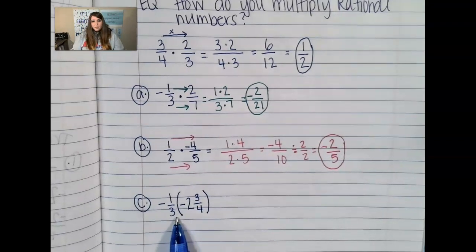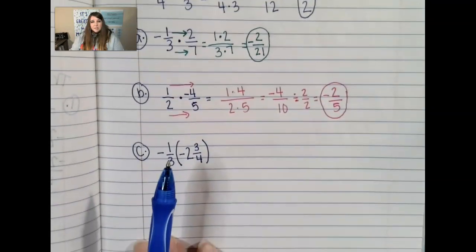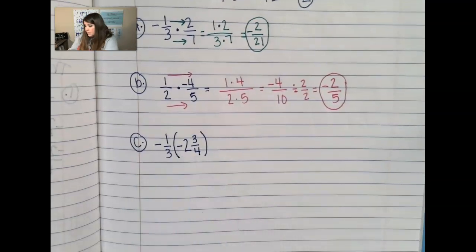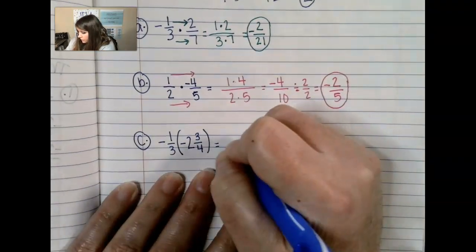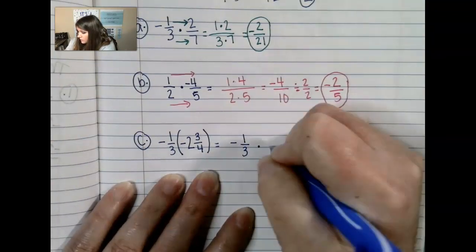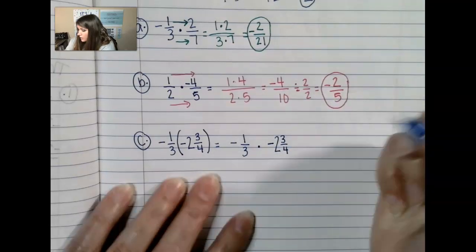Remember that when we have a number stuck to parentheses, it does mean to multiply. So this is really the same thing as saying negative 1/3 times negative 2 3/4.